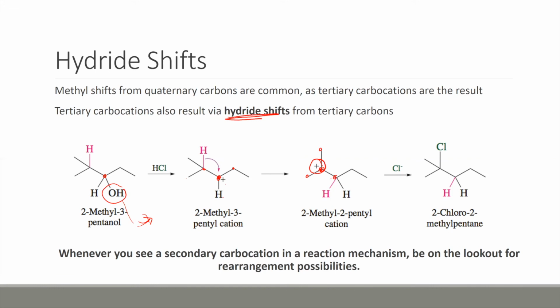So notice a situation for this, which you're going to be looking for, is a situation in which you have this secondary alcohol next to a site that can become a tertiary carbocation when one hydrogen is moved over.